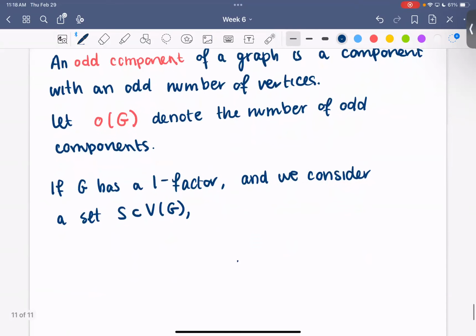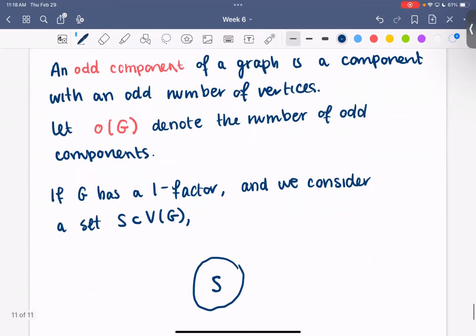Let's say this is our set of vertices S. Let's think about what could be going on in G outside of S. If you have a component that's separate from S, these would have to be even because we have one factors.